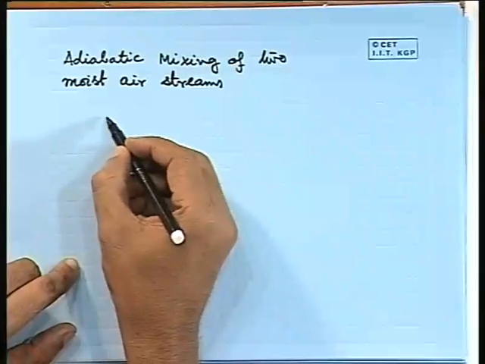Then with the recirculated air, we mix a certain amount of fresh air. So, here we can see that two moist air streams are mixing together. What we want to do is find out the property of the mixed air stream, knowing the property and mass flow rate of the individual air streams.